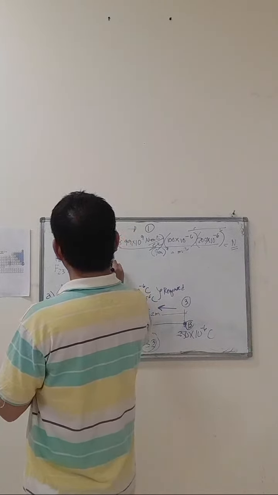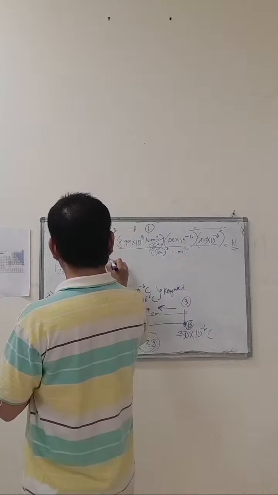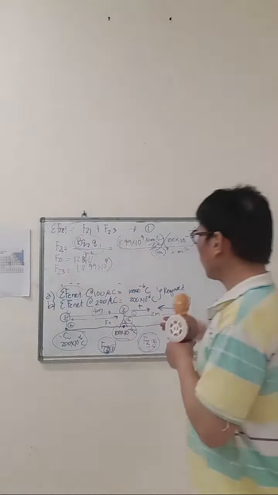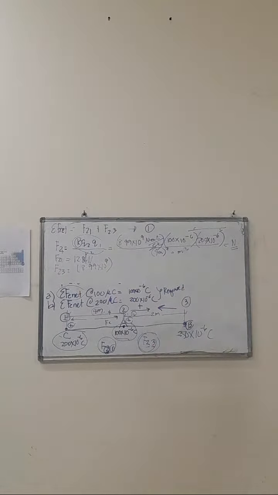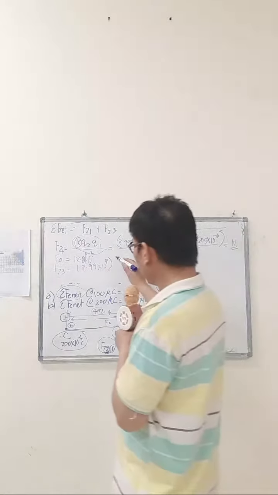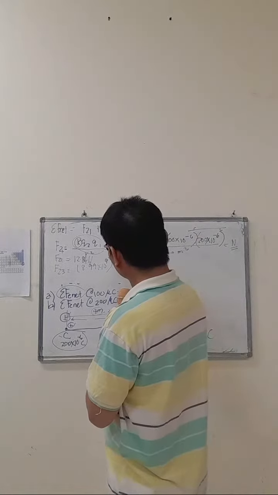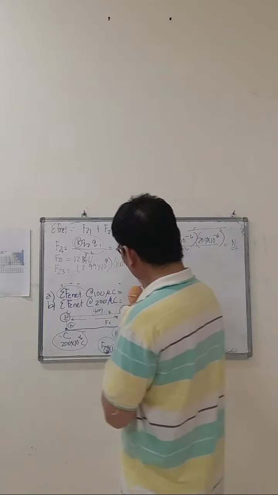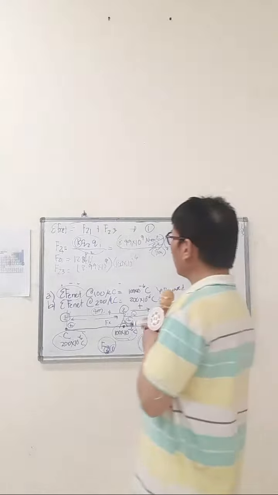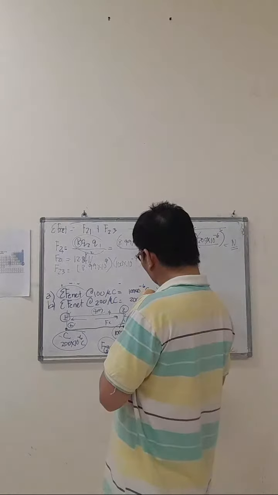8.99 times 10 to the 9. I don't have to carry the units already, because I already illustrated how to cancel with the same principle. So we have Q2, 100 times 10 to the negative 6. And then not Q1 here, Q3.